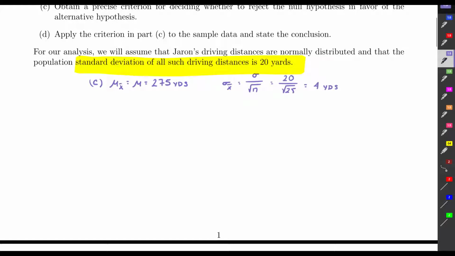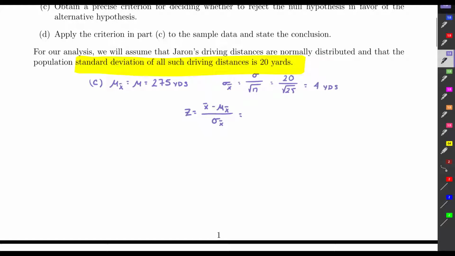So now we can set up the equation for the z-score, and that's all part C is asking you to find, just the equation, not to compute a z-score. And remember, z is going to be equal to x bar minus mu sub x bar over sigma sub x bar. And we know all these values. We even know what x bar is, but we're going to leave that out.